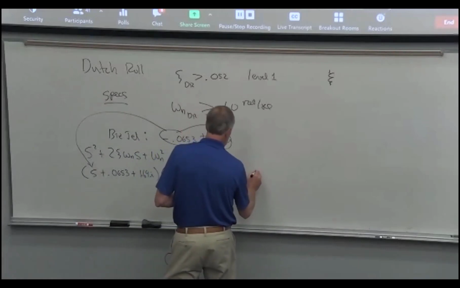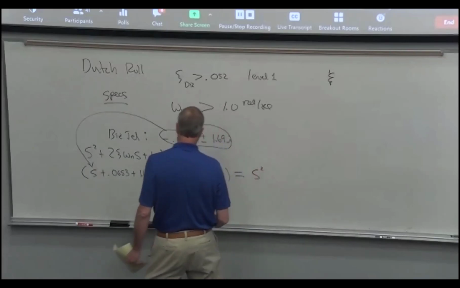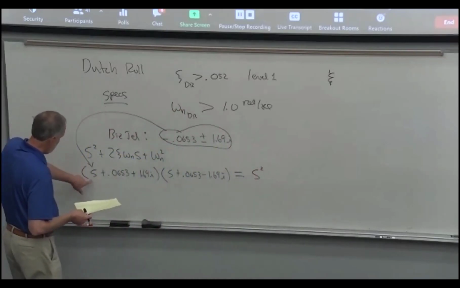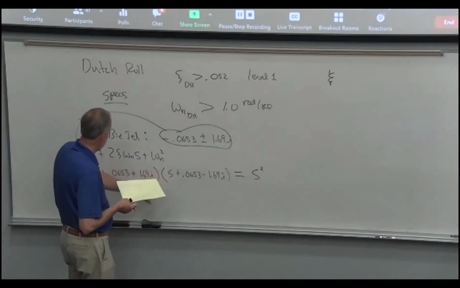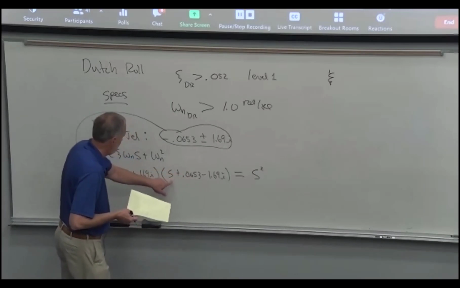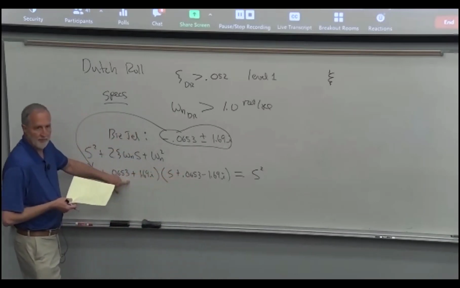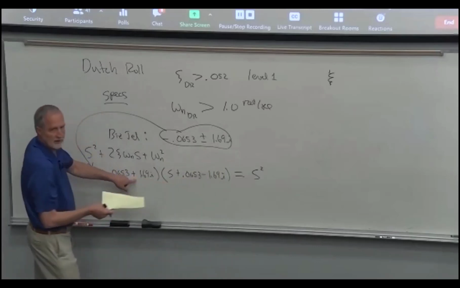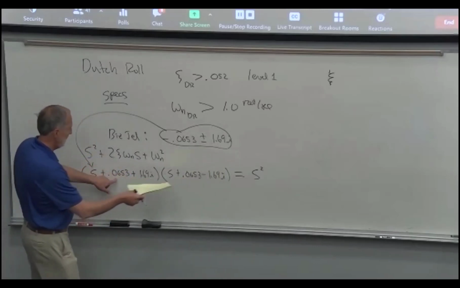It turns out that once you've done this, you realize that it's not as hard as it looks. So you get s times s is s squared. And then you get an s times that thing and an s times this thing, right? But they're complex conjugates, so the plus and the minus cancel each other out, and you get 2 of this thing.